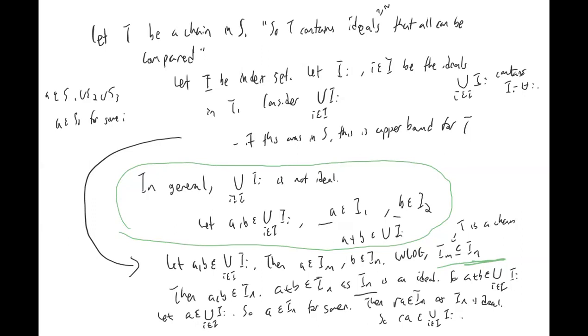I didn't choose T, T was just some arbitrary chain, and then I denoted I_n to be the elements in it. So by Zorn's lemma, we have a maximal element, and you're pretty much done.